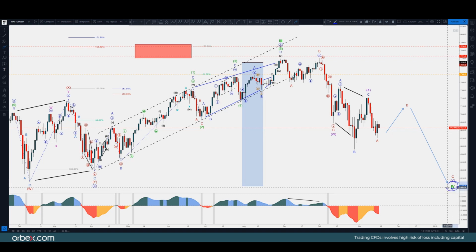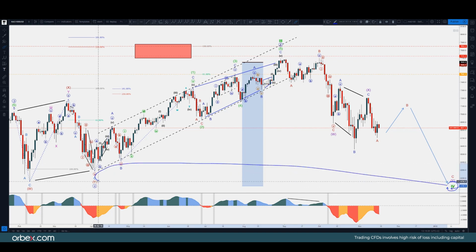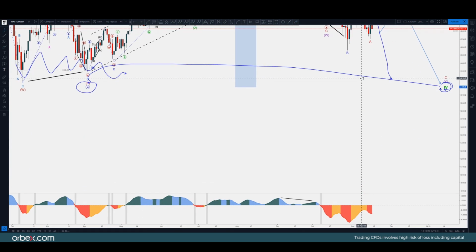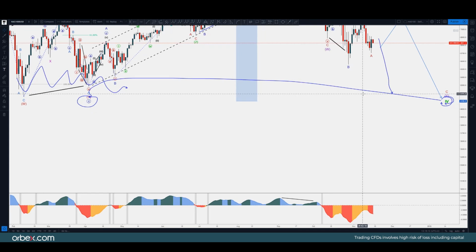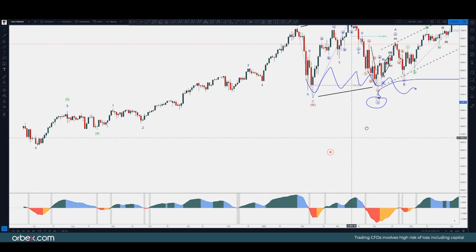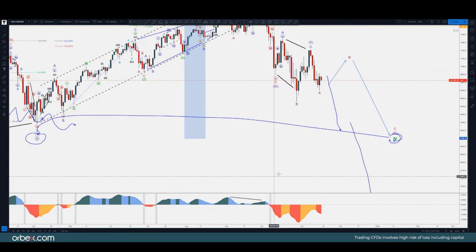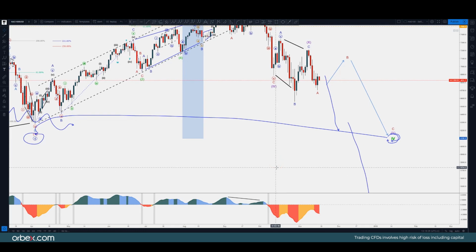This is a cycle degree, green 4, and then this is the primary 4. So, yeah, somewhere around here we could be coming back, but it could also be exceeding, right? If this is a powerful sell-off, it can even go lower, and by that I mean this point right here, which is around 5,500. Now currently it's 6,100. So sorry, 6,825.